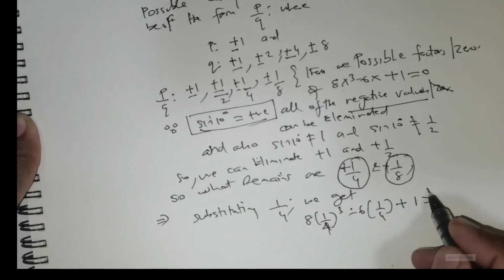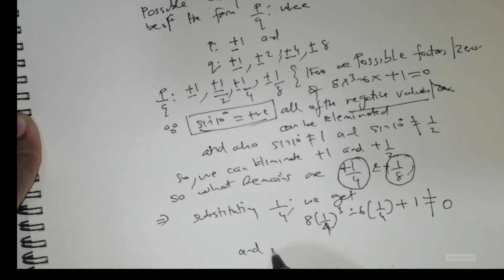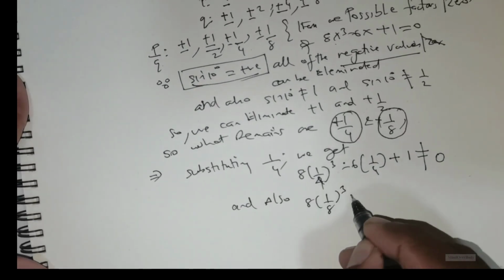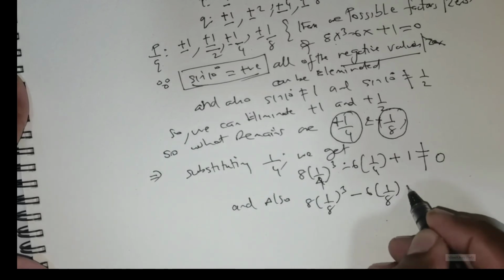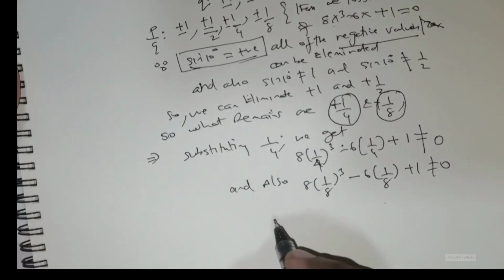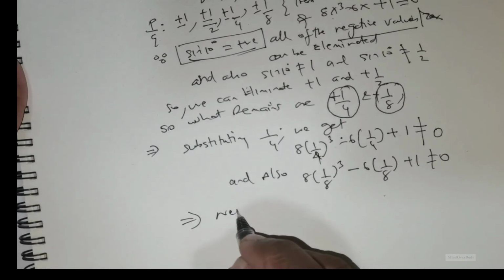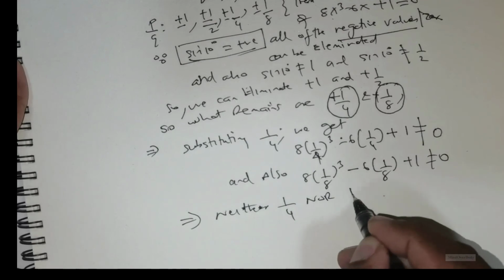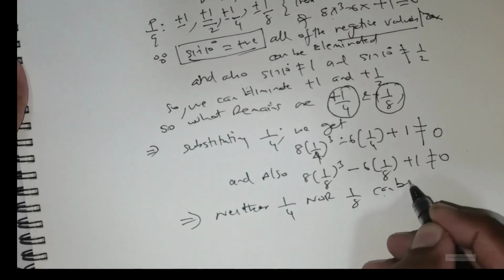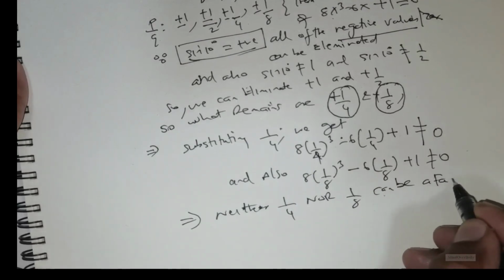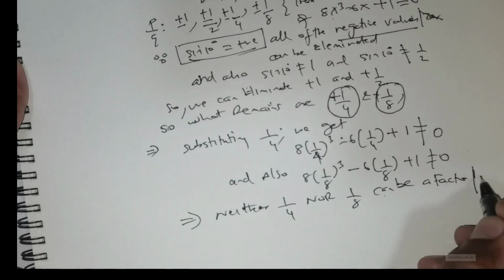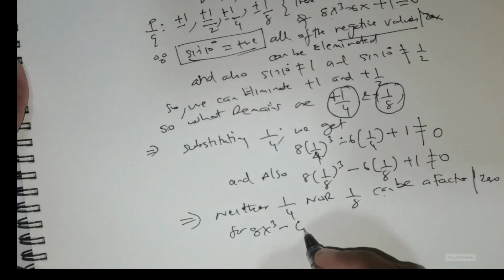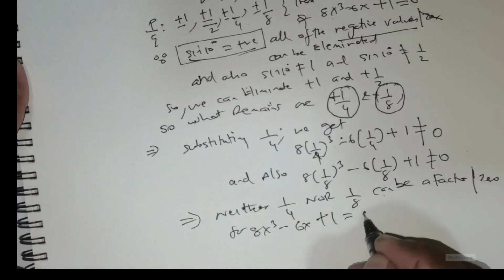Now this is clearly not equal to 0. And also 8 times 1 over 8 the whole cube, negative 6 times 1 over 8, positive 1 is not equal to 0. So this implies neither 1 over 4 nor 1 over 8 can be a factor or a zero for 8x cubed negative 6x positive 1 equal to 0.